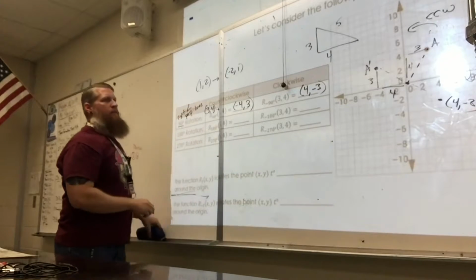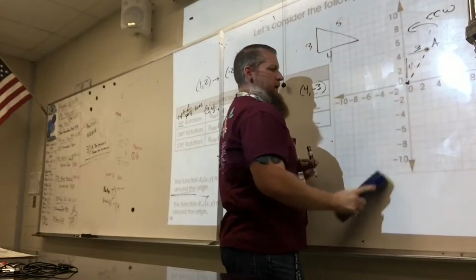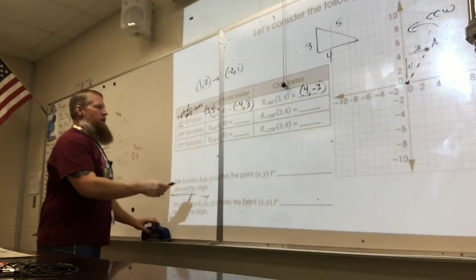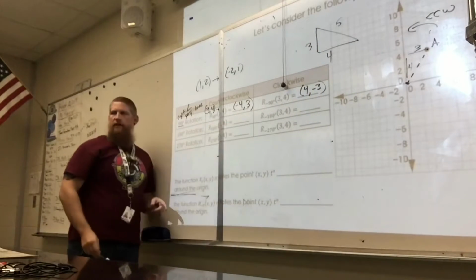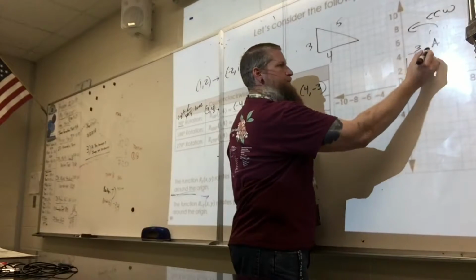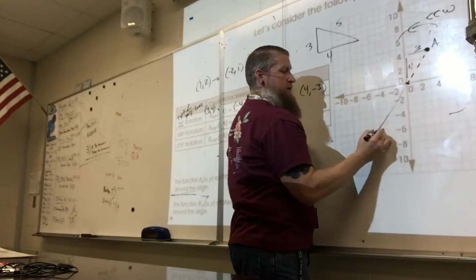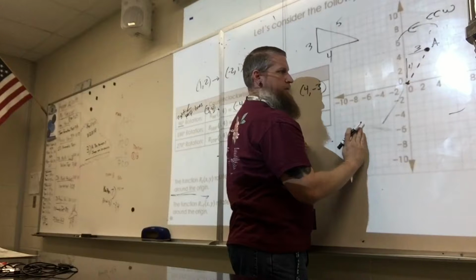All right, so the 180. If I do 180, it doesn't matter which direction I go, because 180 degrees is directly opposite where you're at, meaning that it's got to be over here. So if I go counterclockwise or clockwise, I'm going to end up at the same point.